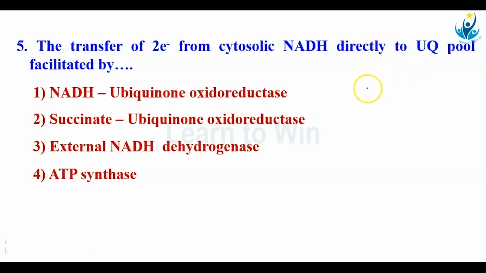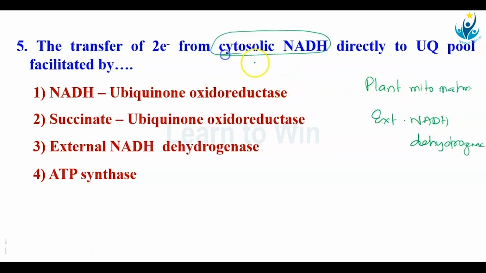The plant mitochondrial matrix will have a freely moving external NADH dehydrogenase. What it does is make sure that the NADH coming from the cytoplasm, the cytosolic NADH, does not go to complex 1. It directly breaks it down and the electrons are directly sent to the ubiquinone. So the correct answer is external NADH dehydrogenase.